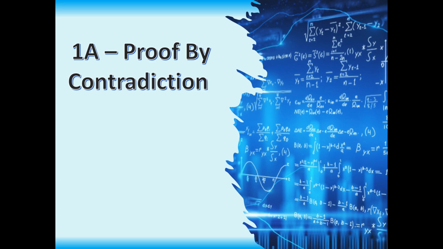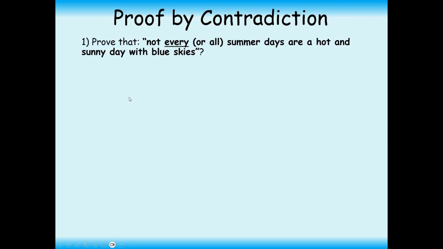In this section, you'll be learning about proof by contradiction. The preliminary knowledge that you require for proof by contradiction is, first of all, taking care of the words "every" or "at least". In this question, we have been asked to prove that not every, or not all, summer days are hot and sunny with blue skies.